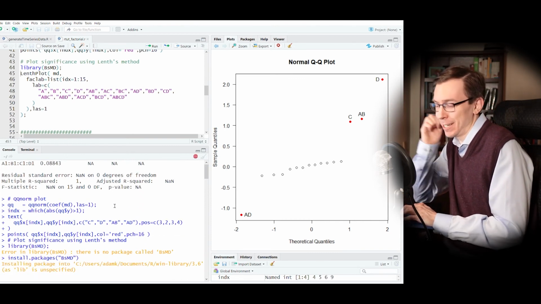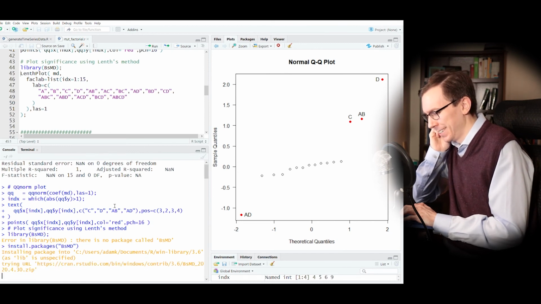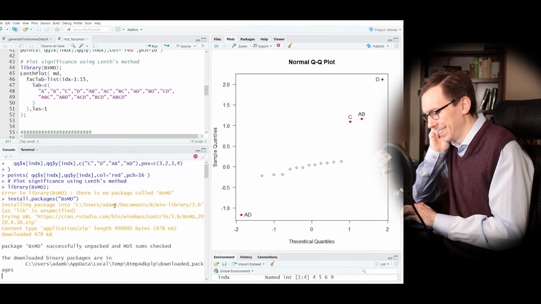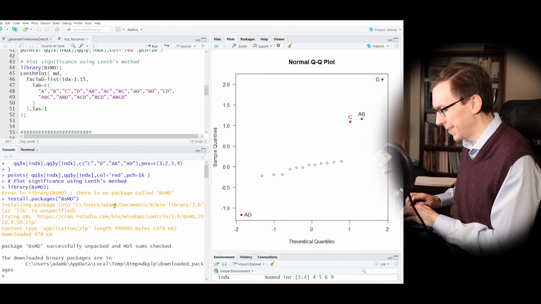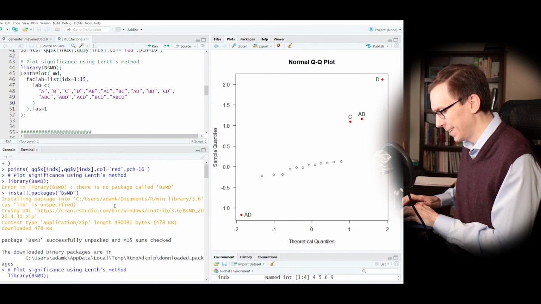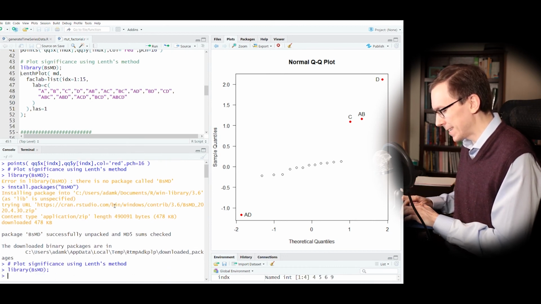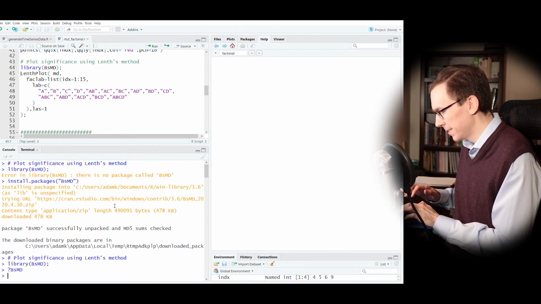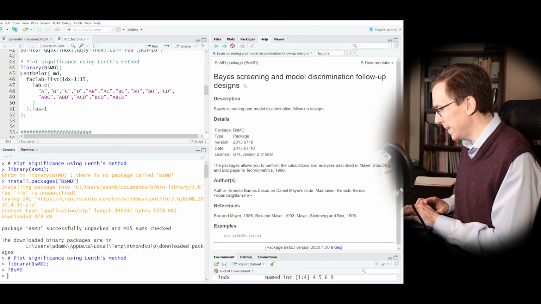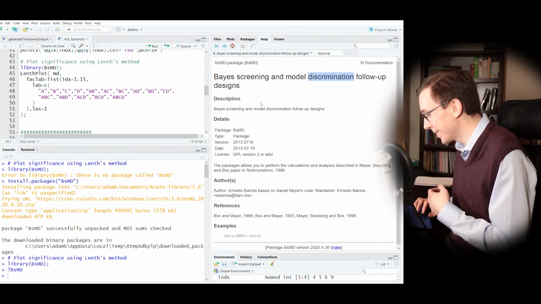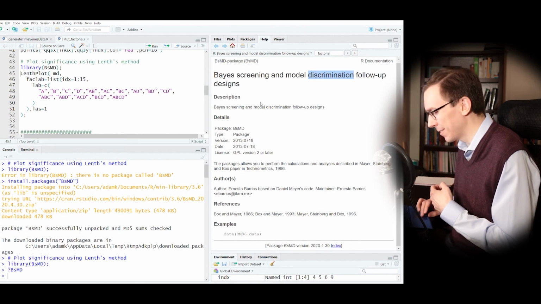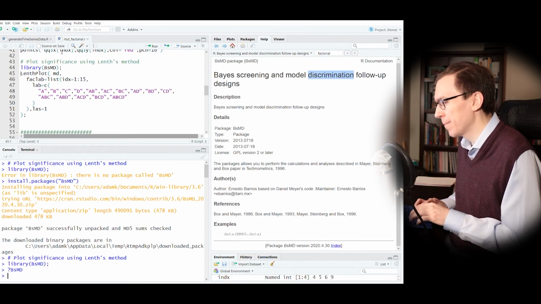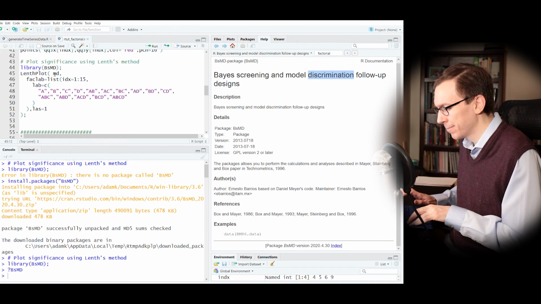Maybe I reinstalled something and it got deleted somehow. Regardless, we can bring it back. And now we have our BsMD library. Let's see what that is: Bayes screening and model discrimination follow-up designs. I don't really know what else lies in this library. There's probably a lot of other really interesting things in there. We're just going to use it for Lenth's method.